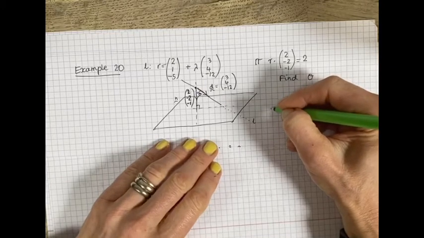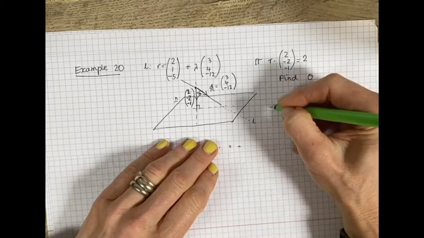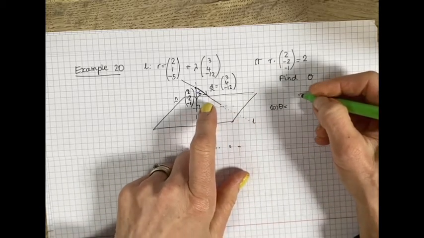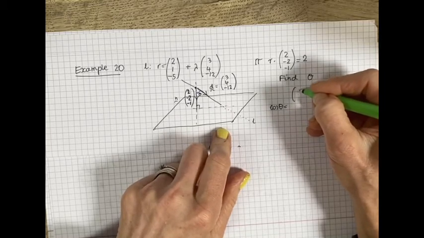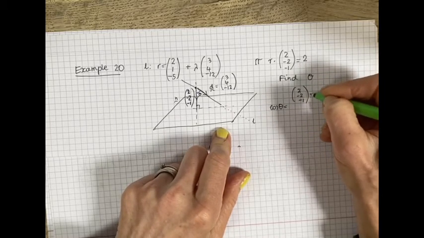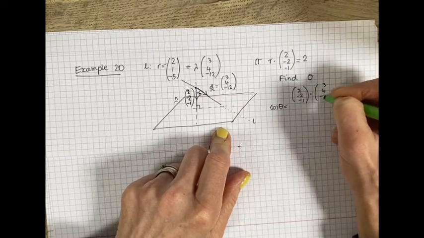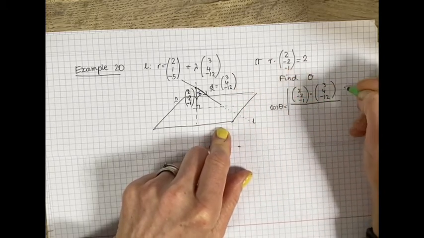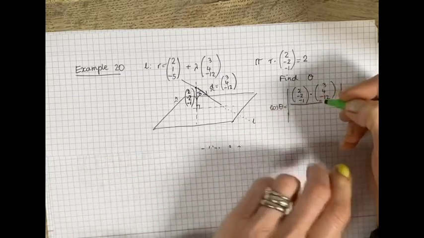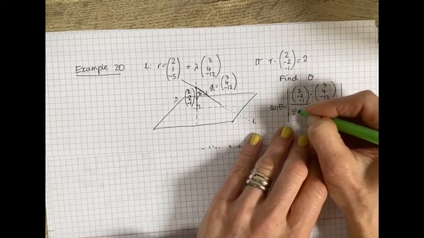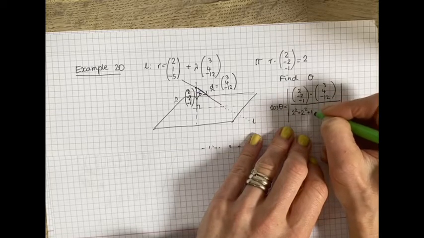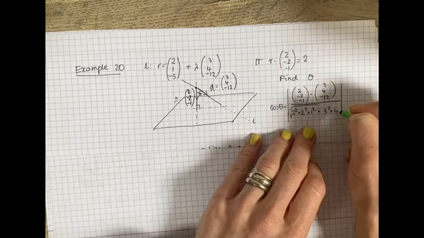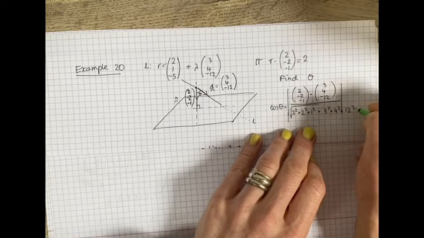Let's do cos theta is equal to the modulus of 2, minus 2, minus 1 dotted together with 3, 4, minus 12. And then this one here is going to be the square root of 2 squared add 2 squared add 1 squared times the square root of 3 squared add 4 squared add 12 squared.